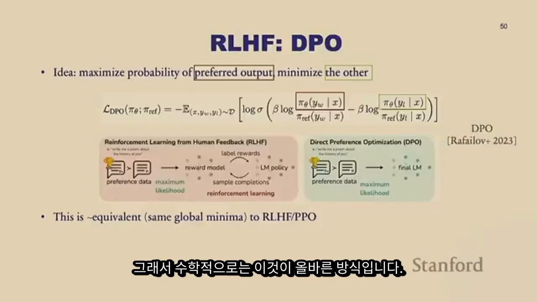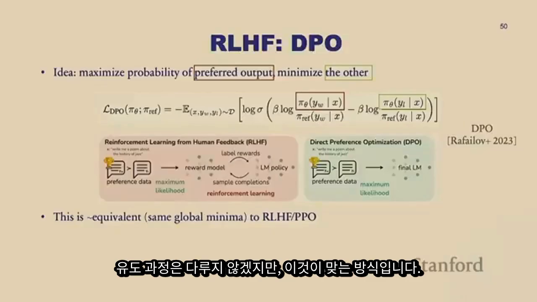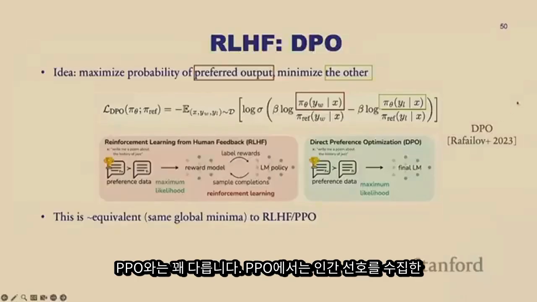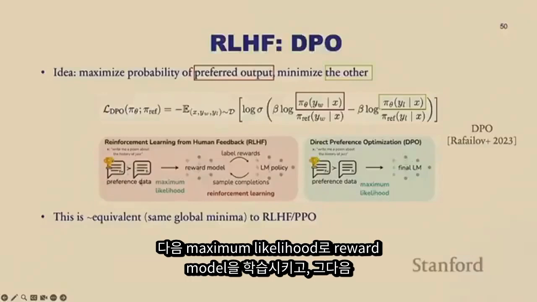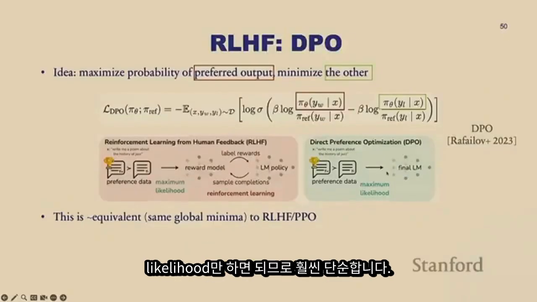So this is the right thing to do mathematically. I'm not going to go through the derivations, but that's the right thing to do. It's pretty different from PPO in the sense that with PPO, what you had to do is collect the human preferences, then train a reward model with maximum likelihood, then use reinforcement learning. Now all you do is basically maximum likelihood.